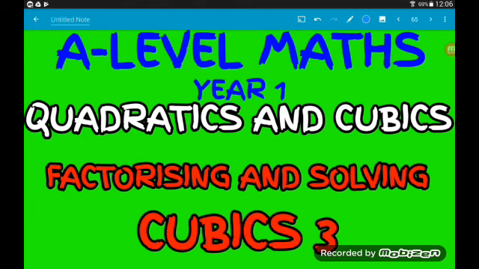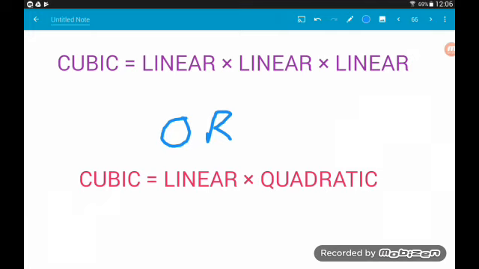First of all, again let me remind you, we can sometimes write cubics as the product of 3 linear factors. Or we can always write it as the product of a linear factor and a quadratic factor.